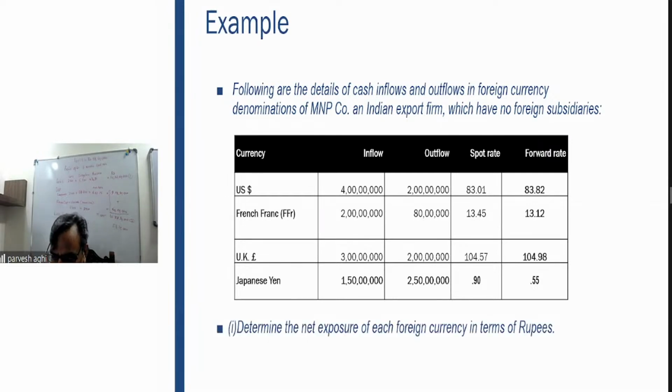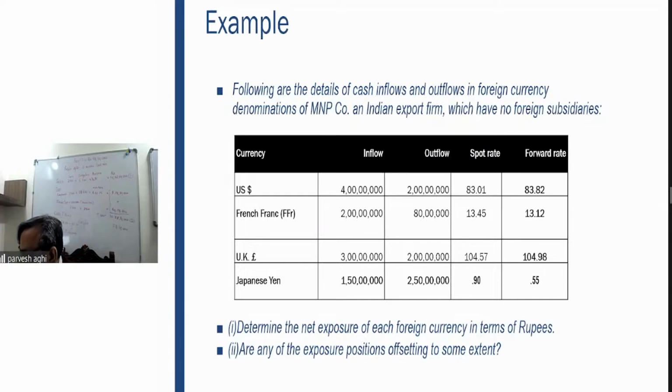So determine the net exposure of each foreign currency in terms of rupees. We have to find out what is the net exposure of each in terms of rupees, and are any of the exposure positions offsetting to some extent. Just have a look at the question. Yes, sir, invoicing, that we have already covered.